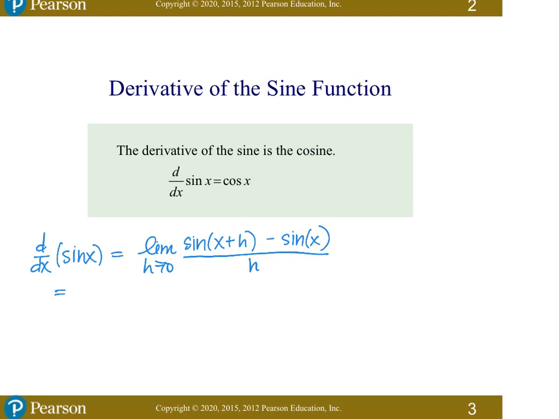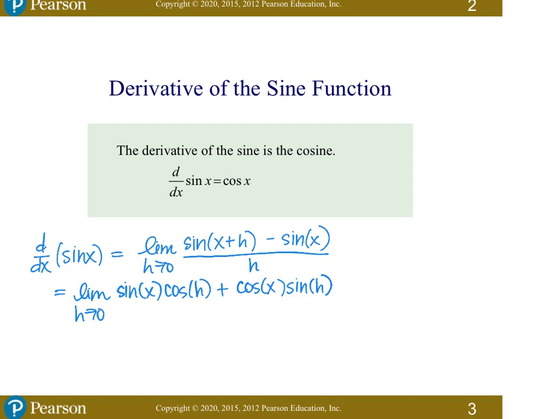So we're going to use the sine of a sum, which is the expression sine cosine added to cosine sine. So this would be the sine of x, the cosine of h, plus the cosine of x and the sine of h.